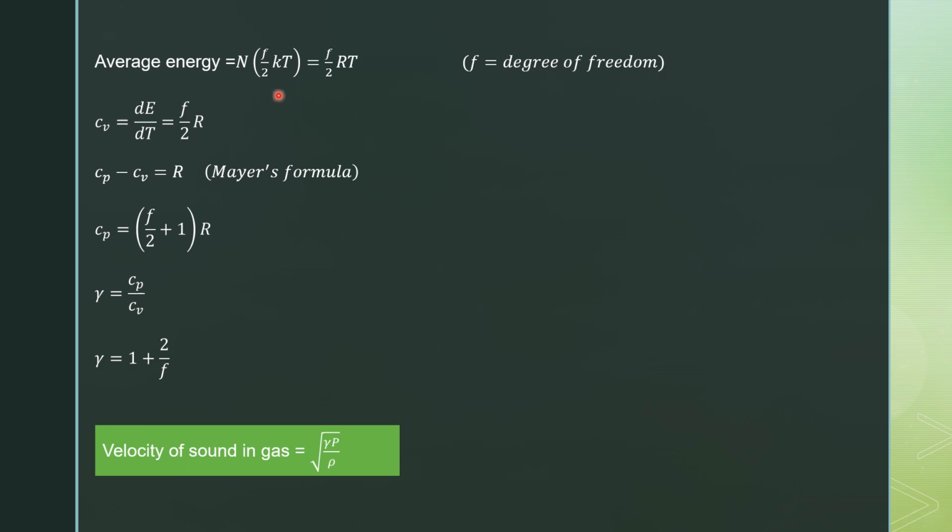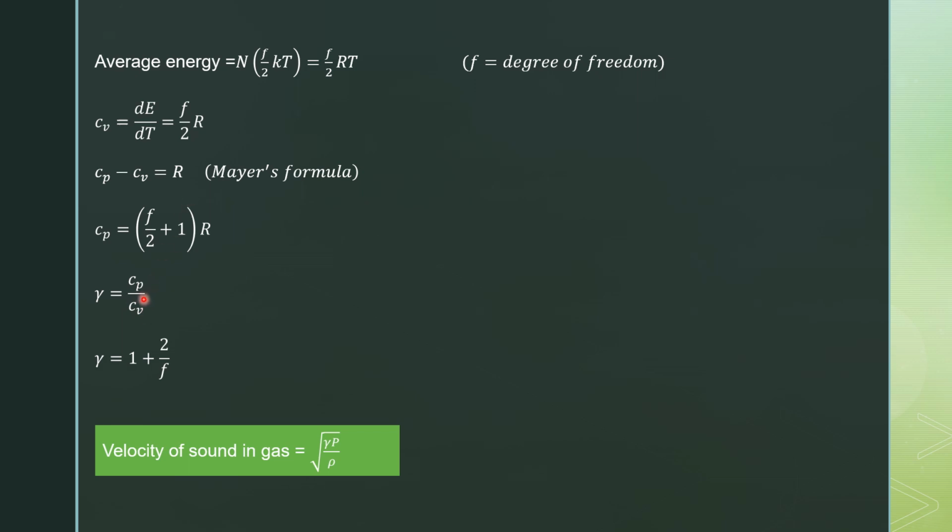So from here we can find that Cv will be equal to dE by dT, that is equal to f by 2 R. Also we know the Mayer's formula, that Cp minus Cv is equal to R. Here R is the real gas constant, and Cp can be written as (f by 2 plus 1) into R. Also we know that gamma can be represented as Cp by Cv.